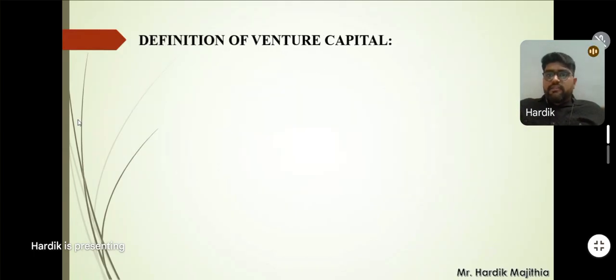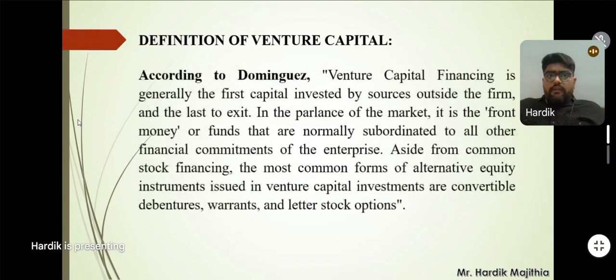Now, the definition of venture capital. According to Dominguez, venture capital financing is generally the first capital invested by sources outside of the firm and the last to exit.